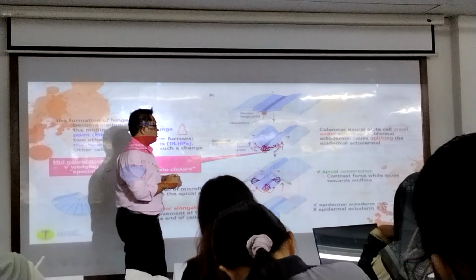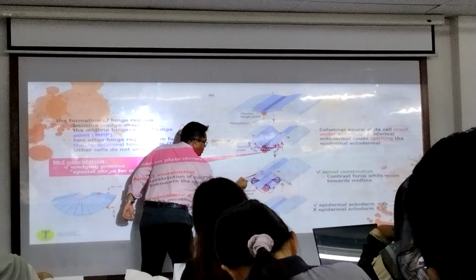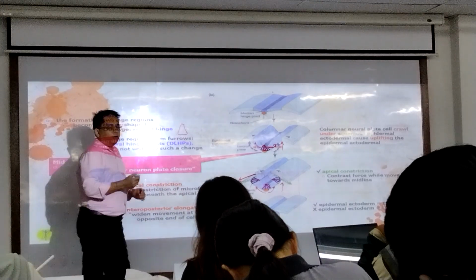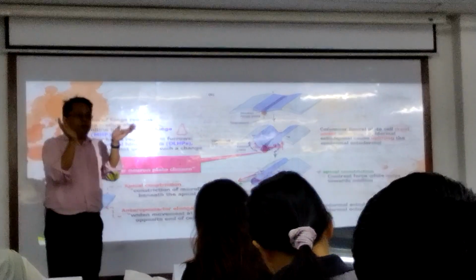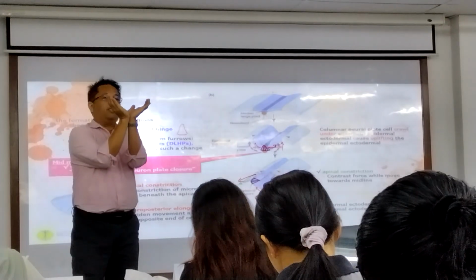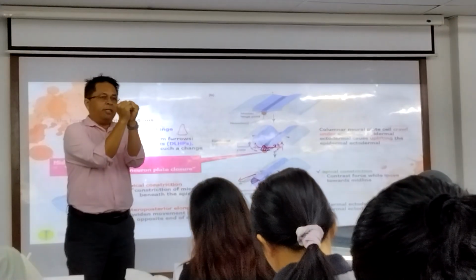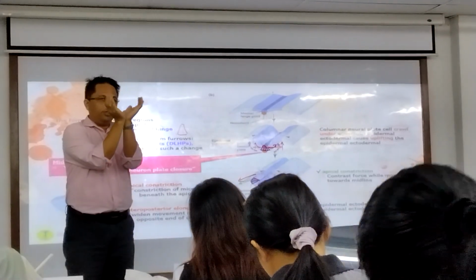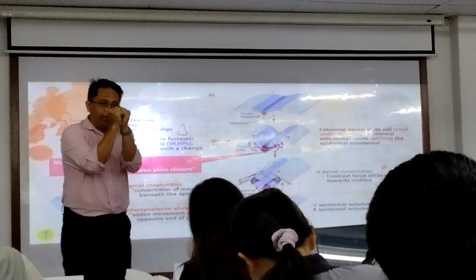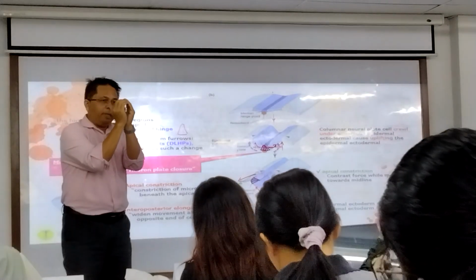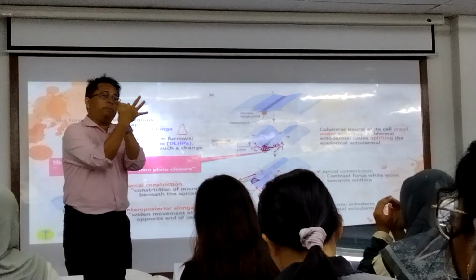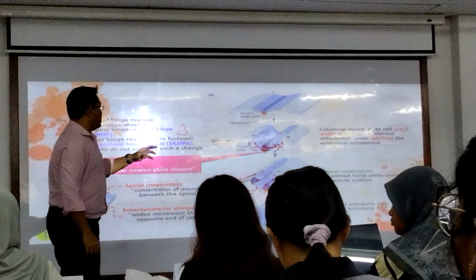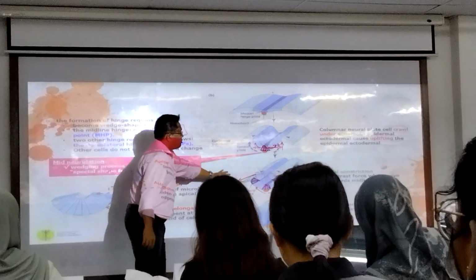The apical constriction is basically the opposite force. If you don't have any apical constriction, you're going to have an awkward structure like this. You don't want a structure like this, you want it to be like that. So the opposite force must be applied to the structures. This is what we call the apical constriction.